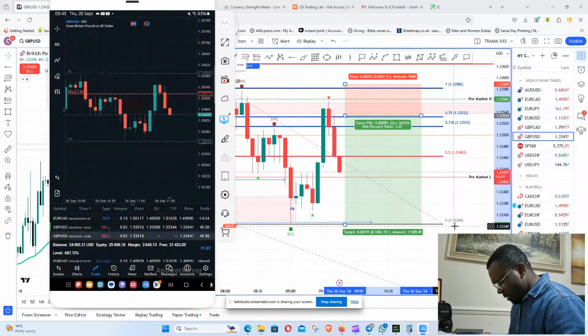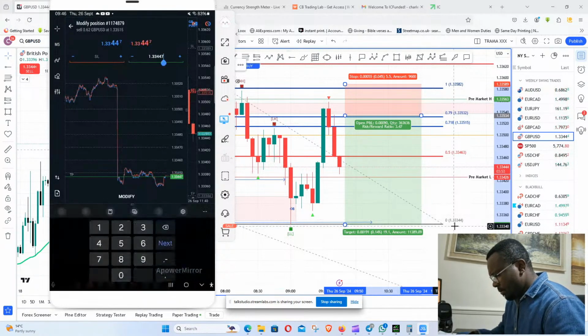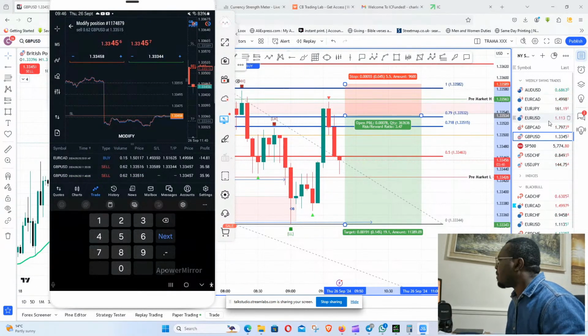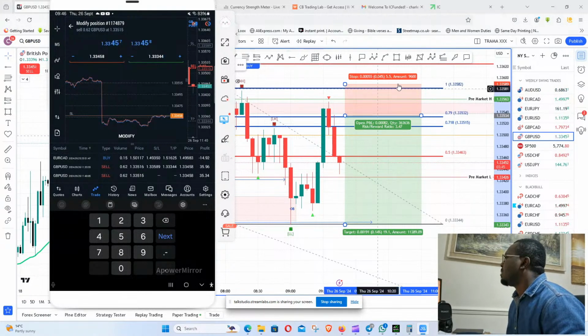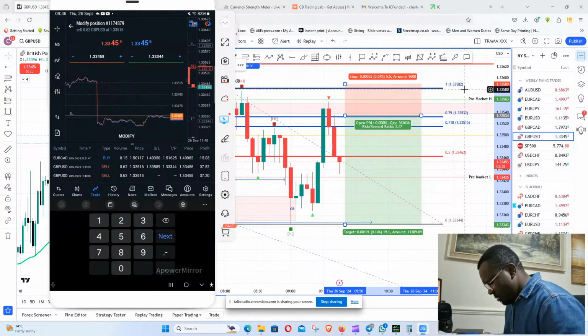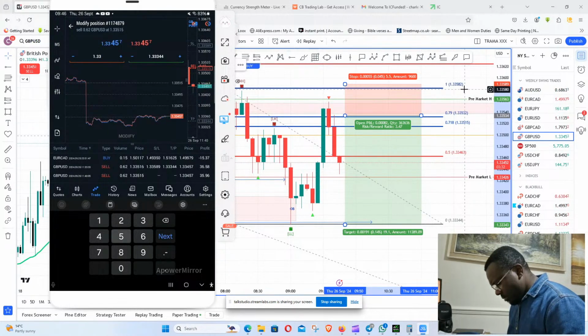And the other sell, which is this one, modify. TP 1.33344, and stop loss is 1.33582.